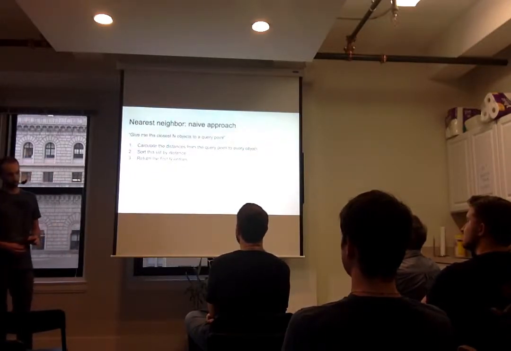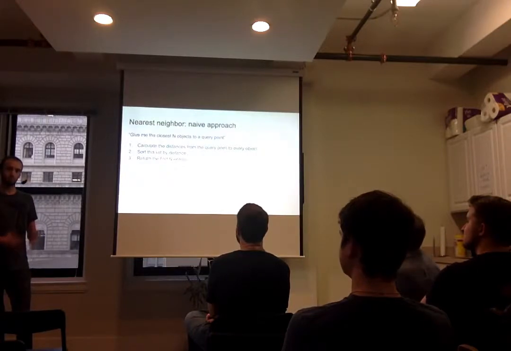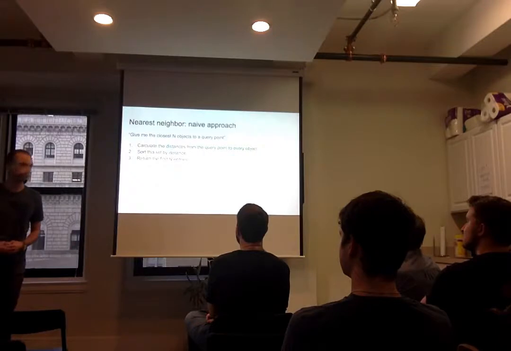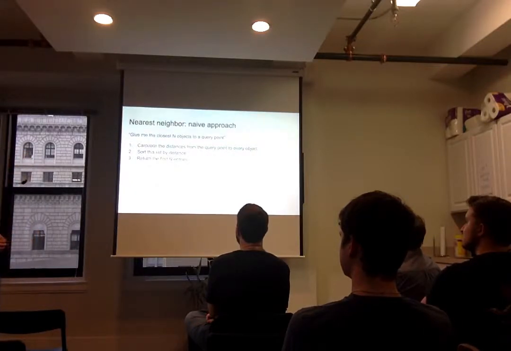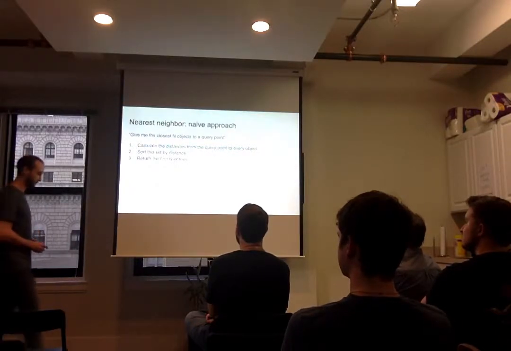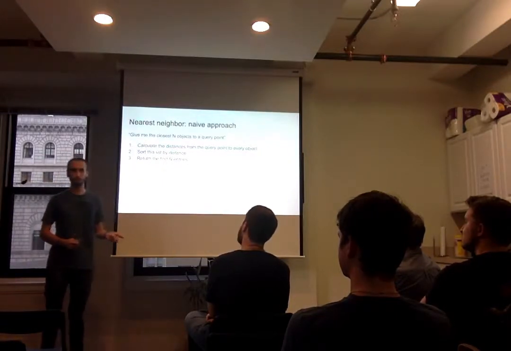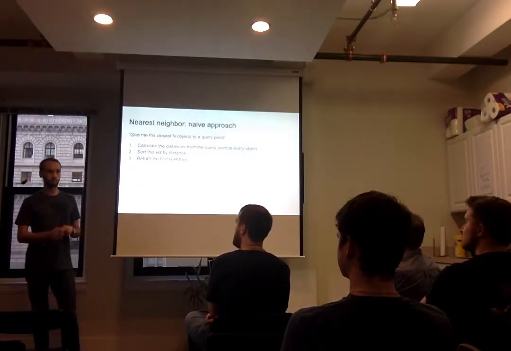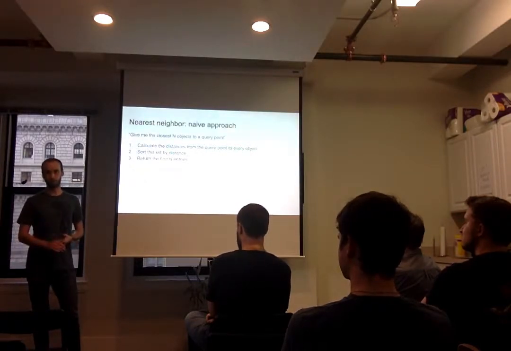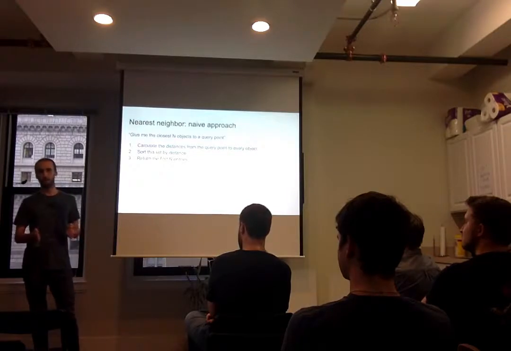All right. So just to build this up, if we were to approach the nearest neighbor query in a naive way, we might decide, okay, let's take our point, look at all our objects, calculate the distance between each of them, put them in a list, sort it by distance, and then just take the first n entries.